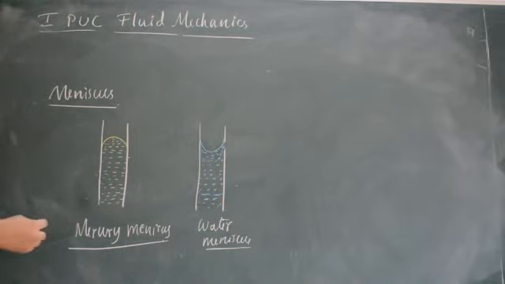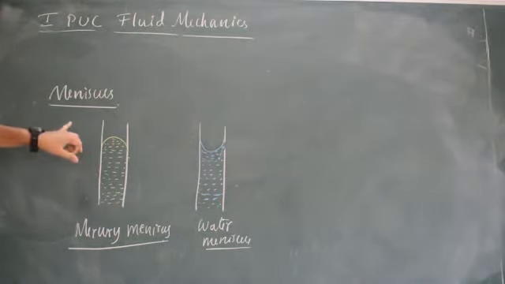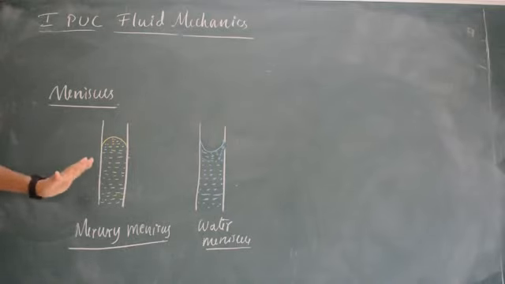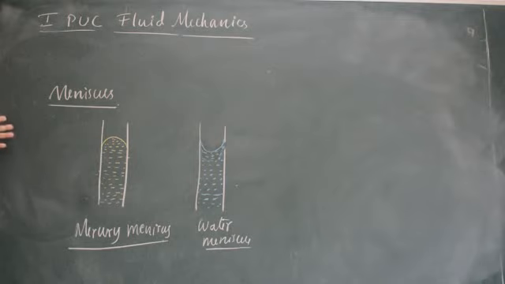So this is called upper meniscus, okay. Mercury has an upper meniscus, we say, that is convex in shape, whereas water has a lower meniscus, that is why it is concave in shape, okay.